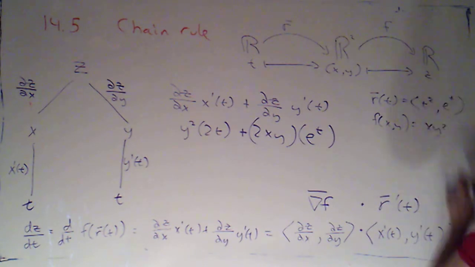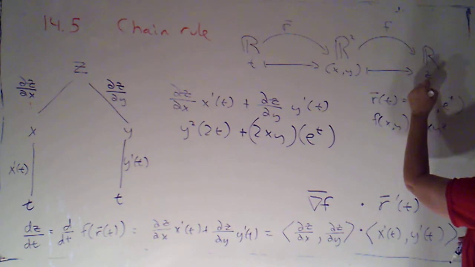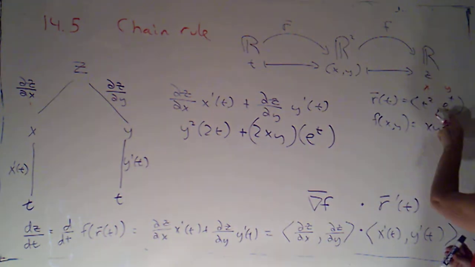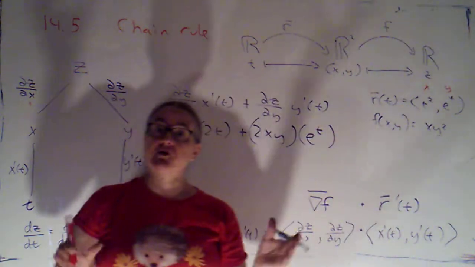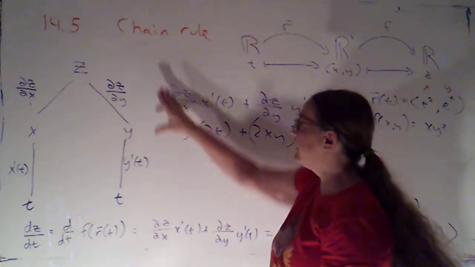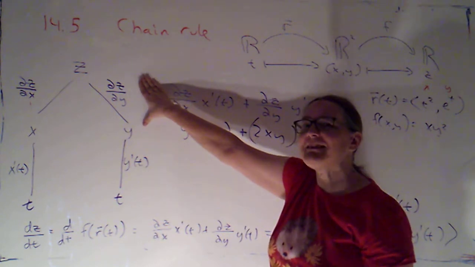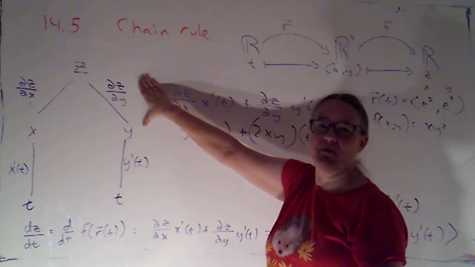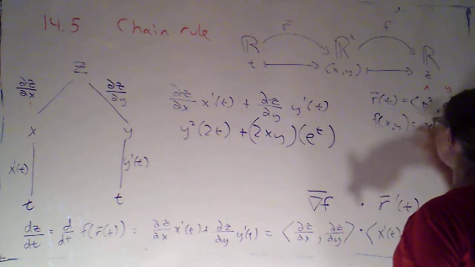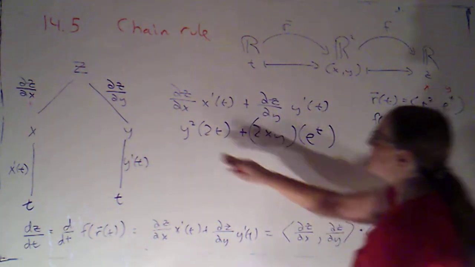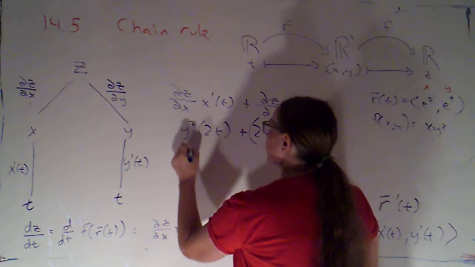Okay. So what I need to do then is simply express x and y in terms of t. So basically taking advantage of the fact that that was a formula for x and that was a formula for y. Remember, we evaluate the derivative of the outside part. That's essentially what we're doing first here. We evaluate that at the inside part. So rather than writing x and y, I want to write x of t and y of t. So my y squared becomes e to the 2t.